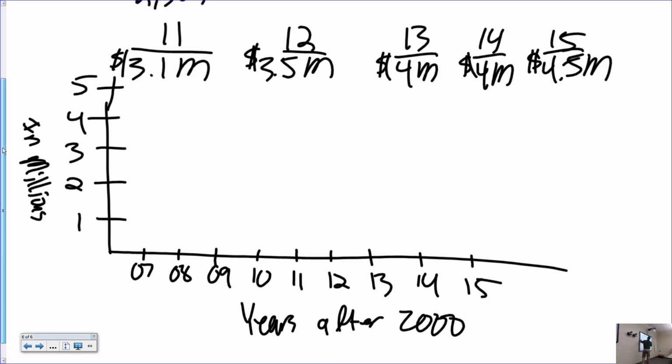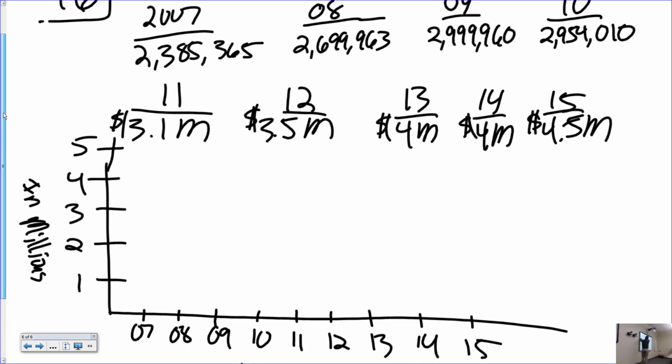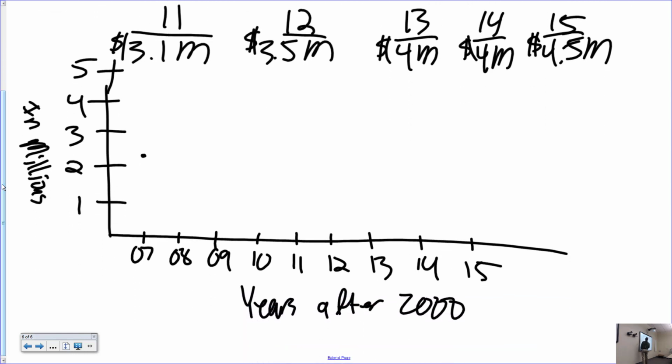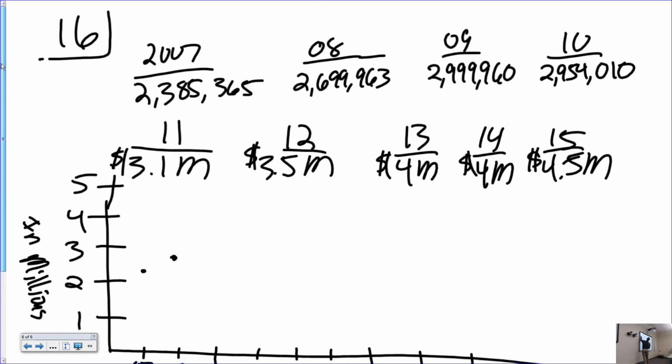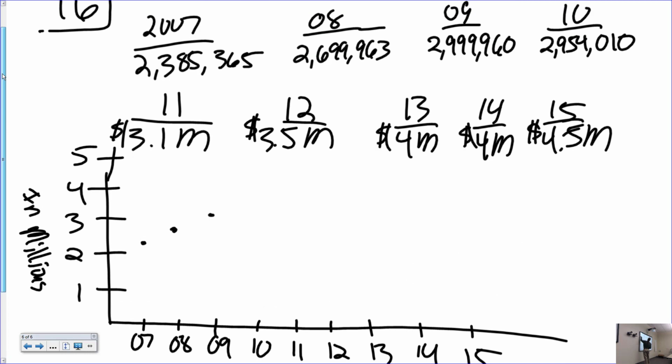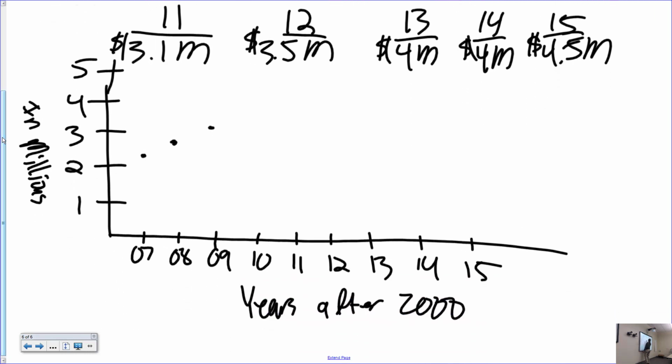All right, and then it's just plot and draw. So 2.3 million. Where is that? Well, it's about right about there. Where's 2.7 million? That's a little bit higher. Where's just a shade under 3 million? Well, just make it 3 million. And then 2.95. It does go down just a tad bit there in 10.